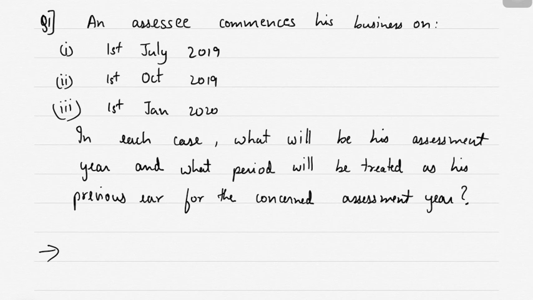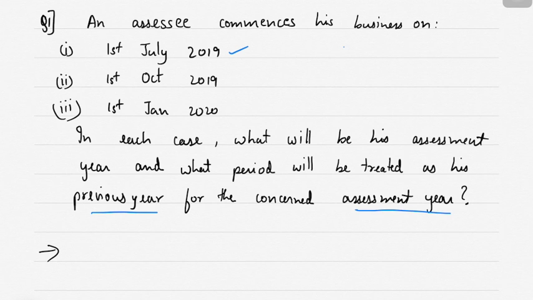Previous year is the year of earning, and assessment year is the year in which you assess the income and pay tax, right? So the business has started on 1st July 2019.